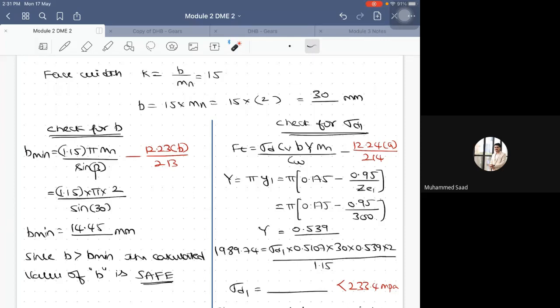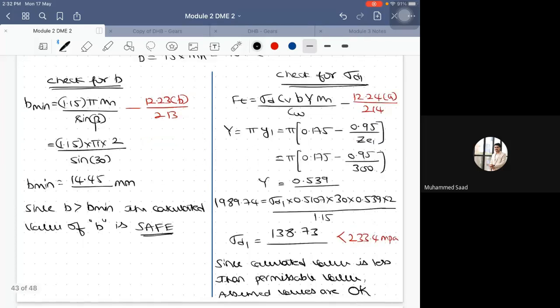Again, you have to repeat the same procedure. Thank God it is 138.73. So it is very much lesser. Just write a sentence: since the calculated value is less than the permissible value, assumed values are okay.